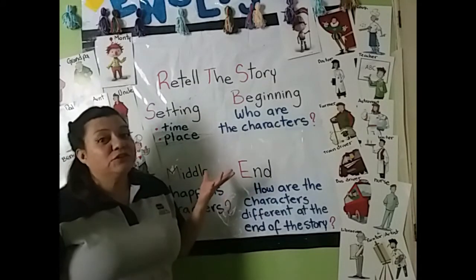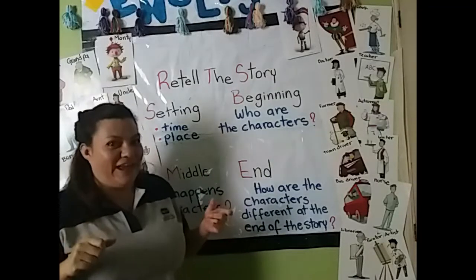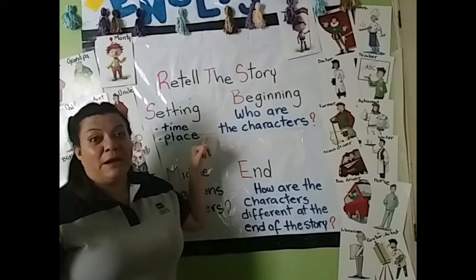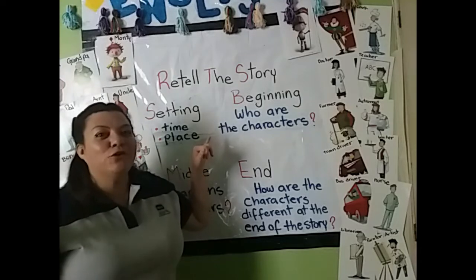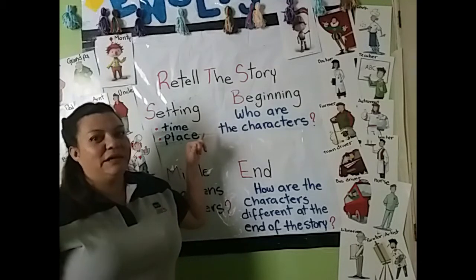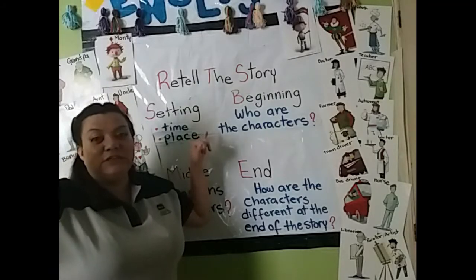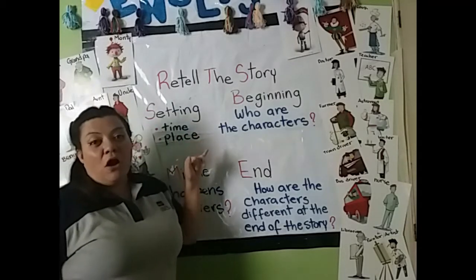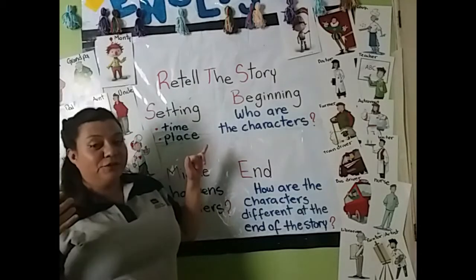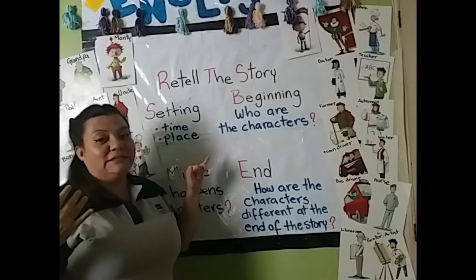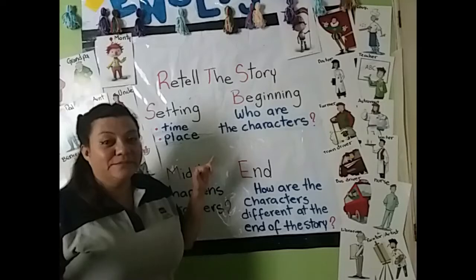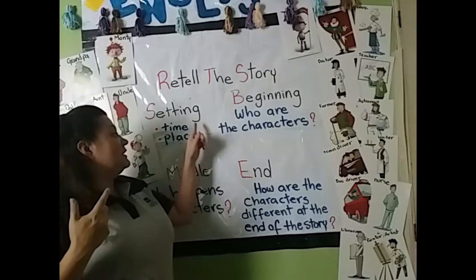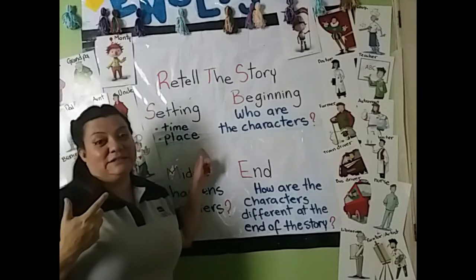It depends on the story that you are reading, okay? And time, it can be the year. For example, if we are reading a book of the future, it can be in 2023. Or if we are reading a book of the past, it can be in the 1900s. This is what is explained in the setting, that is the time and the place.